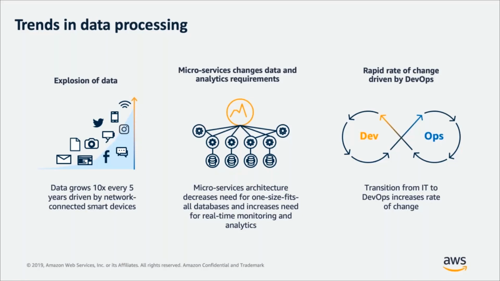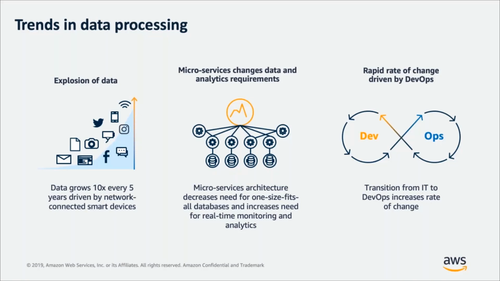The consequence is that when you break an application down into independent pieces, you tend to pick the right tool for the job. So in this case, developers pick the right storage, processing, or visualization components for the architecture that they're building. The other consequence is that analytics is now at the forefront of every application that's being built. You need to know what's going on in your business and in your application in real time.